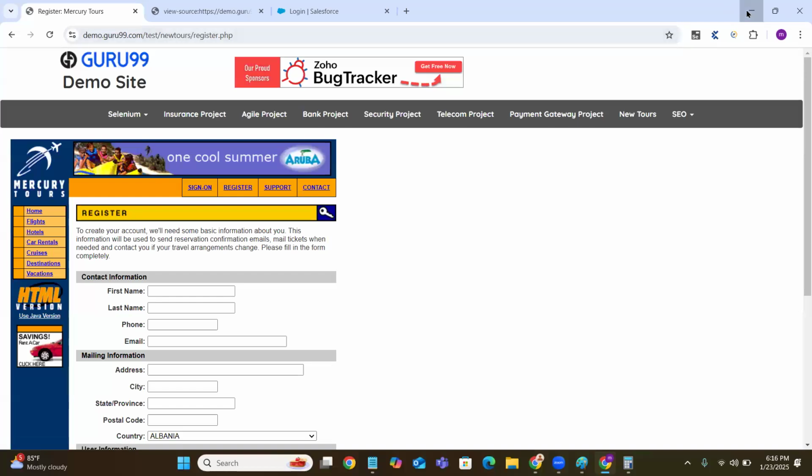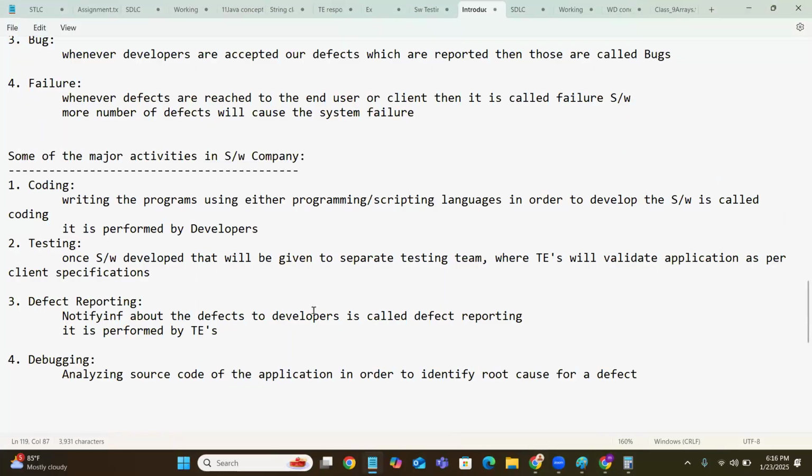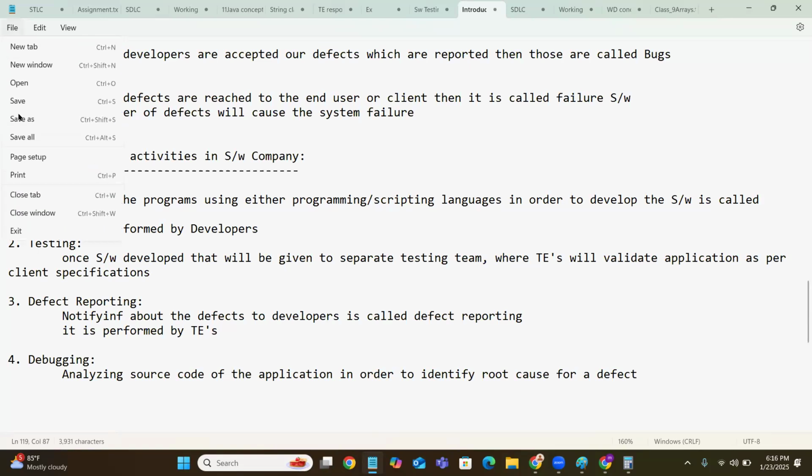Suppose I have written something in Notepad and I want to take a print. If I go for the print, the printer is not giving the output. Then what will you do? Directly call the service person for the printer?